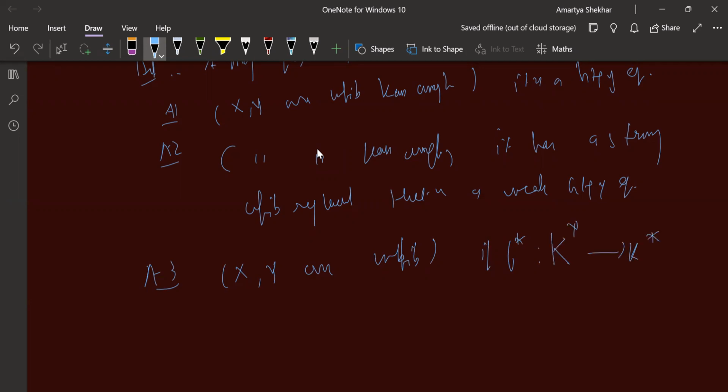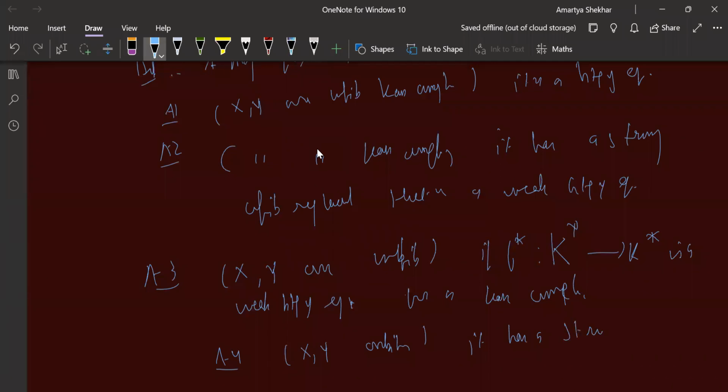If this is a weak homotopy equivalence and K is a Kan complex, then you have a weak equivalence. The last case is arbitrary, the most general case. It has, again similar to A2, a strong cofibrant replacement.